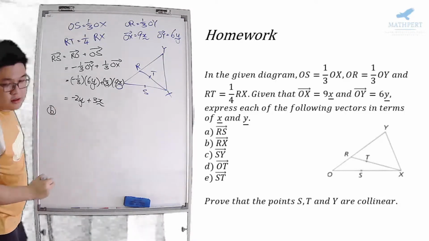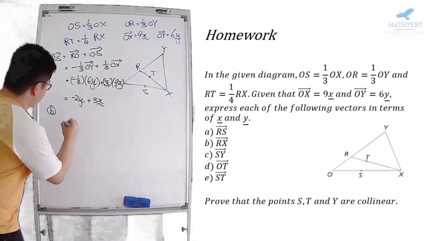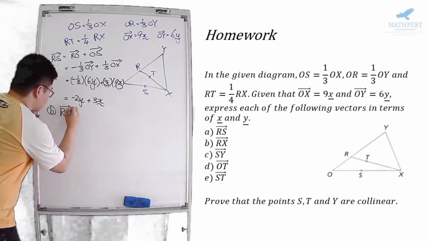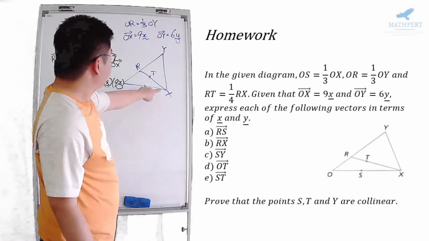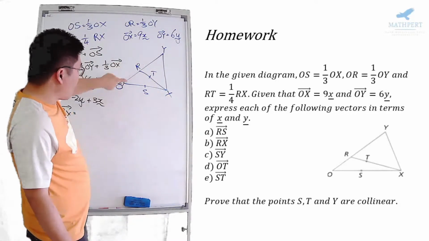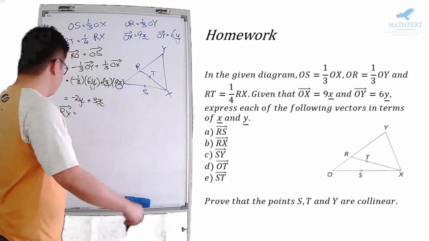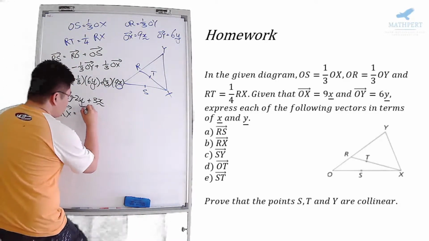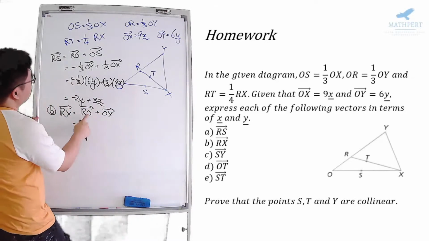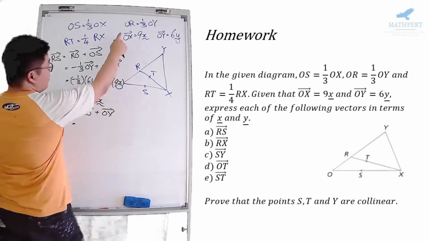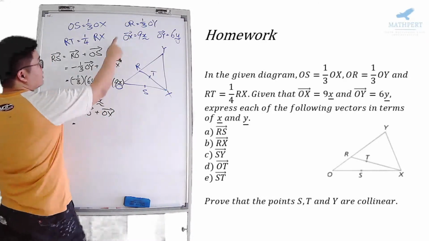B, RX. Where is RX? RX is over here. So RX is equal to RO plus OX. We have OR, so RO is negative OR.